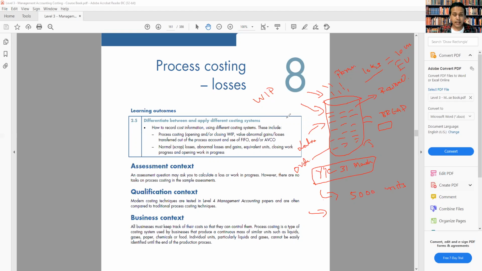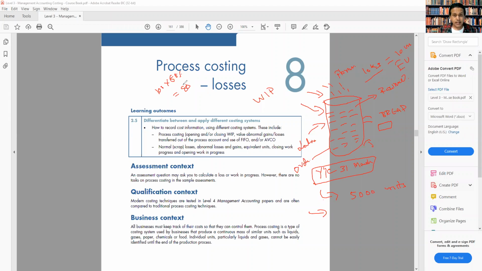So the question will tell you the completion percentage for the work in progress. The question will tell you, is it 80% done? Is it 50% done? Or is it 90% done? If the question tells you it is 80% done, and we have 100 units, we multiply by 80% and take 80 units, so it is equivalent to 80 units.